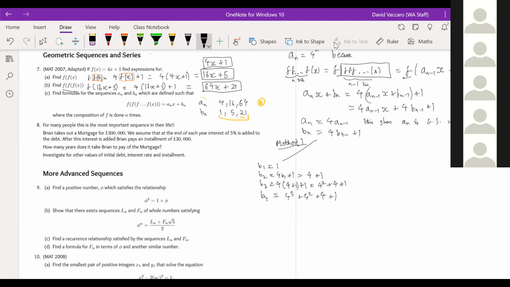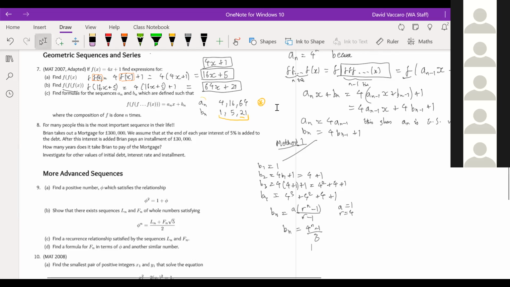So what is happening in the sequence bn, we can see that it's not a geometric sequence, but it's a geometric series. Okay, and we know the formula for a geometric series. It's the first term multiplied by the common ratio to the power of n minus 1, over the common ratio minus 1. And once I substitute in, the first term of my sequence is 1, the common ratio is 4, I get that bn is 4 to the n minus 1 divided by 3.